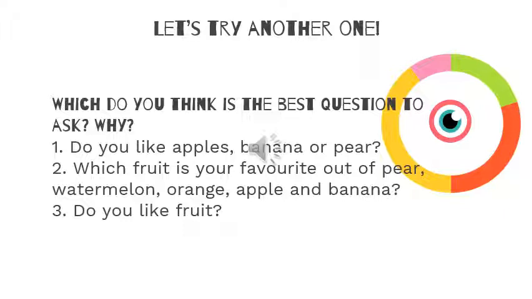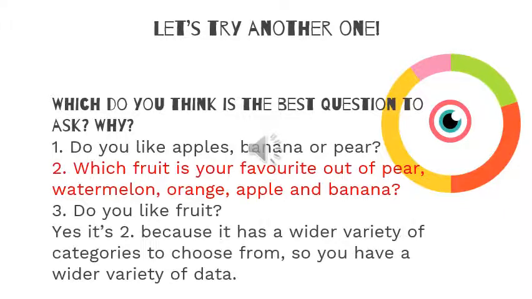Check the next slide and see how you go. That's right. It's question 2. Because it has a wider variety of categories to choose from than the first question, and also it gives you choices to answer, unlike the third question, which can only be answered yes or no.